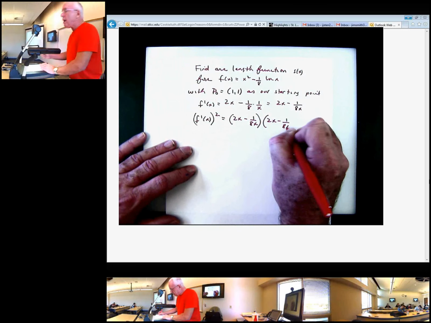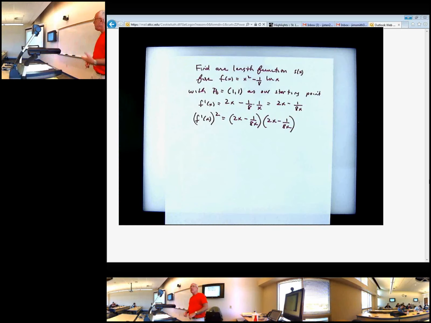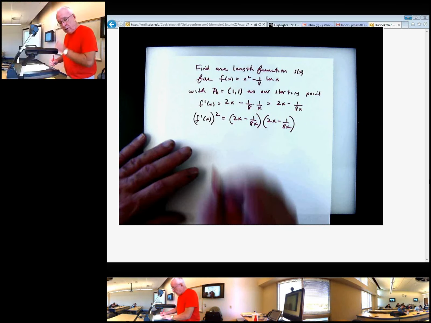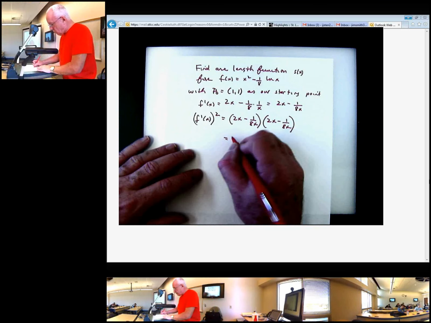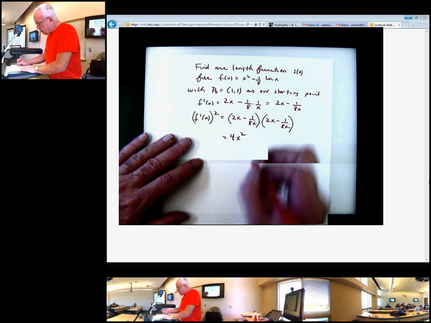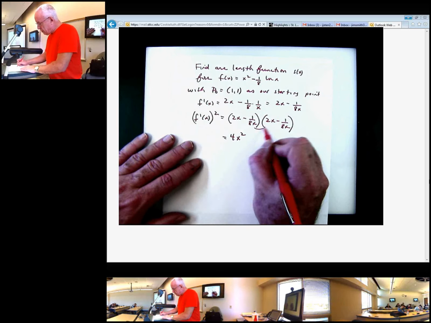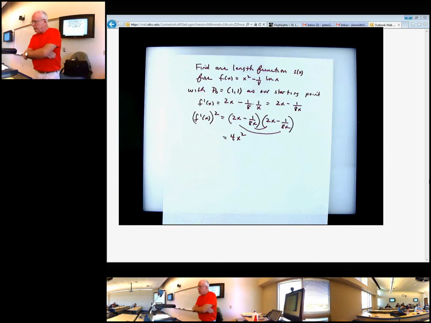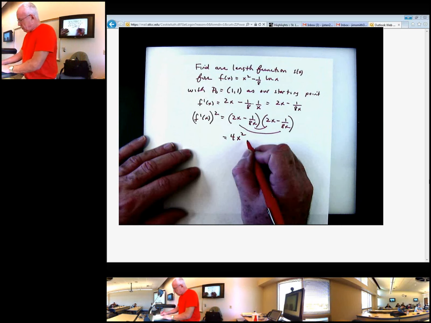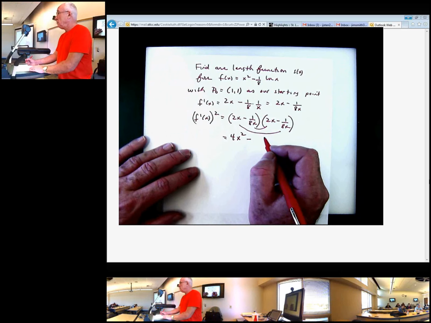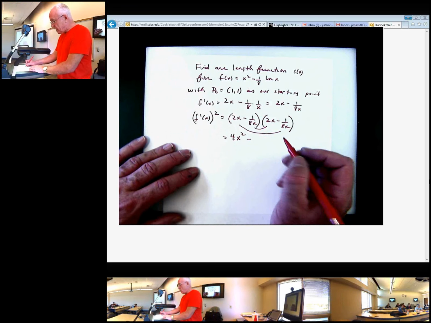So I'm just going to write it out like this, and you basically FOIL it out, okay? And when we FOIL this thing out, we get 4x squared for the first two terms. Now, the two middle terms, the middle and the outer terms, those are going to be what? The two middle terms, when I multiply them together, is minus what? Minus 1/4. The x's cancel out.